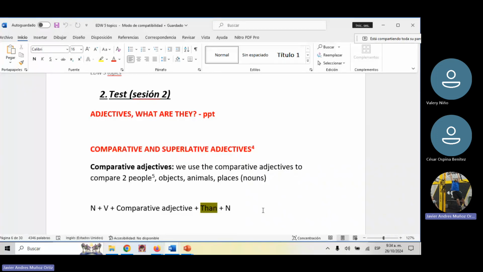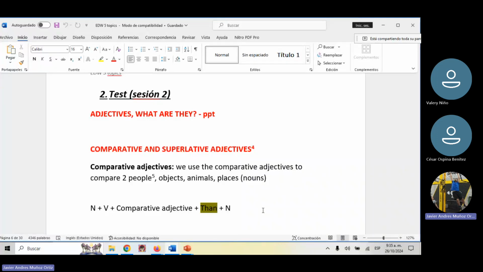So we're going to compare person with person, animal with animal, place with place, idea with idea, because this is pretty coherent, right? We can compare animals with objects, but what's the relationship between a gorilla and a mirror? A gorilla is stronger than a mirror. Does it make any sense? Not a lot, right?